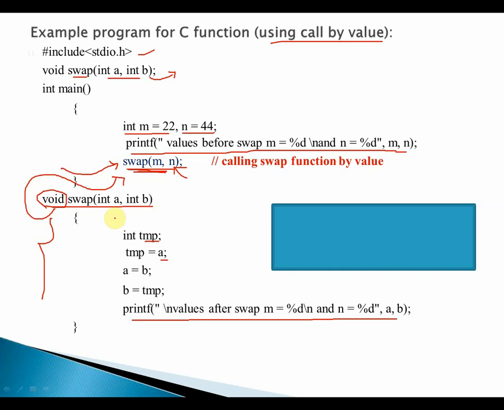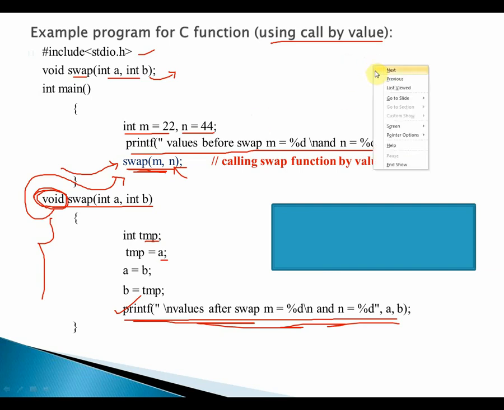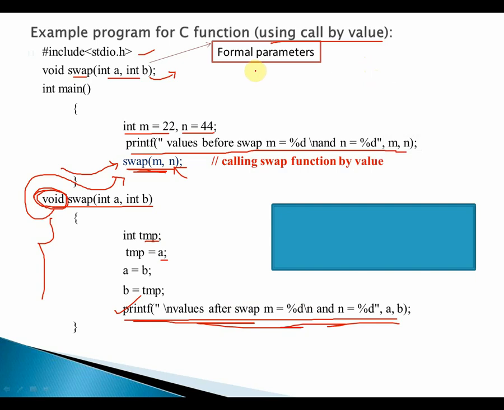The reason is that we are doing the printing over here itself, so we don't need to pass any values, and hence the return type of this function is void. It is not returning any value to the main function because the main function is calling this function swap. Hence it has a return type of void because it does not return any value to the main function. Now let us go on to see more about this program.